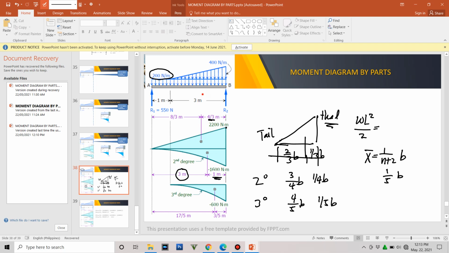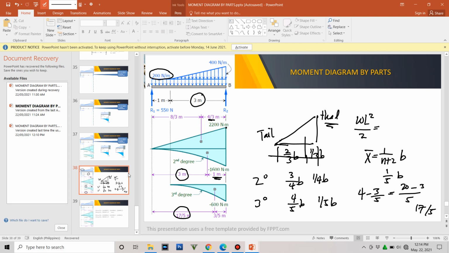Ang nasakop niya lang is 3 meters lang, remember class, ano? So 3 meters, so 1/5 of 3, that is 3/5. Ang naiwan, 4 minus 3/5. LCD ka, 5 divided by 1, 5 times 4, 20, minus 3. So that is equal to 17 all over 5. So ito yun, 17 all over 5.